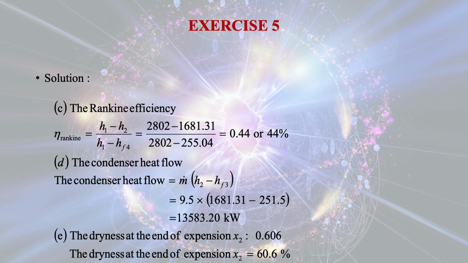The condenser heat flow is m dot multiplied by H2 minus HF1. Put the values of H2 and HF1 and finally you will get 13,583.20 kilowatt. And the last part is dryness at the end of the expansion in the turbine, that we have already calculated, equal to 0.606 or 60.6%.